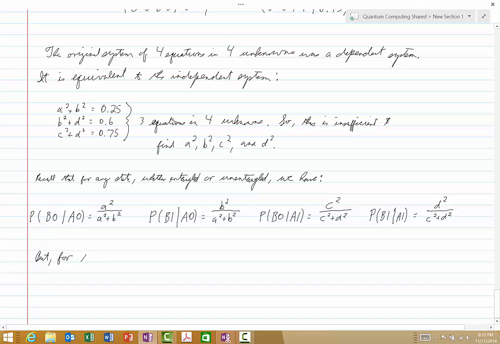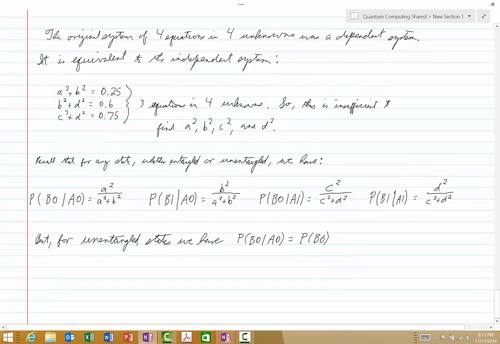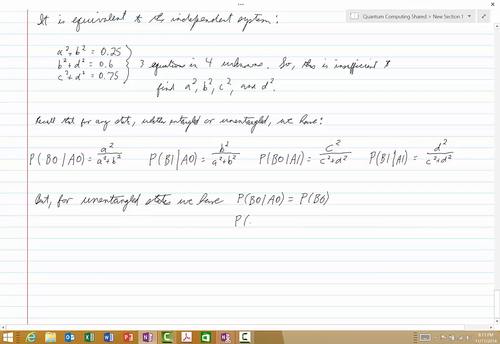But for unentangled states, we have P of B0 given A0 equals P of B0. P of B1 given A0 equals P of B1.